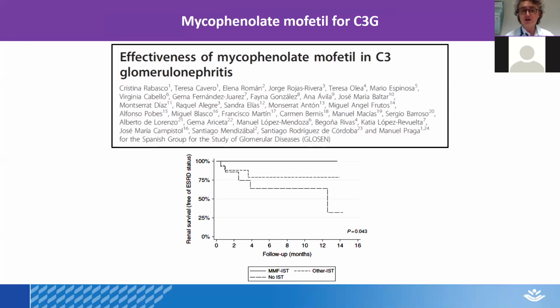They really show a marked improvement in renal survival in patients that have been treated according to the guidelines with steroids and mycophenolate mofetil. So, most patients, if they have quite a severe initial presentation, should be treated with these agents before considering anything else.